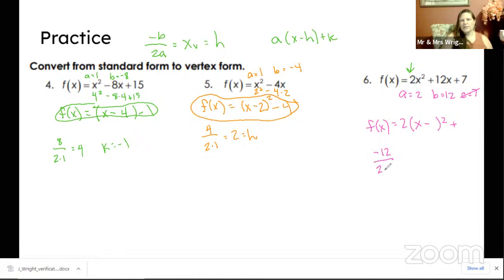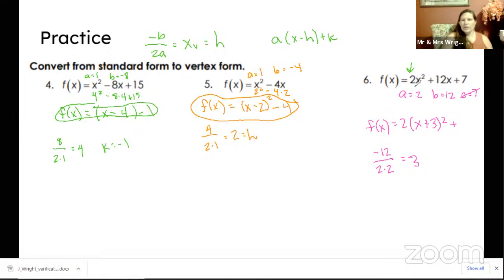And it's going to be divided by 2 times A. A is 2, so 2 times 2. So I've got -12 divided by 4, which is going to give me -3. Let's do that in the calculator just to be sure. -12 divided by parentheses 2 times 2, close parentheses, equals -3. So if this is -3, to put that in, I'm going to change my negative to a positive and write a 3 there. That's how you insert a -3, okay? Because you can't subtract a negative, it just changes to a positive.